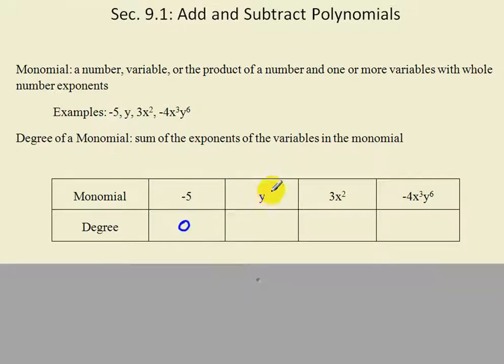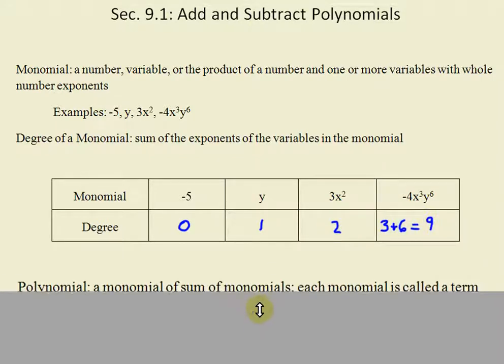Here with y, we have y to the first power, so the degree is 1. 3x squared, the degree is 2, the exponent of x. Now when you have more than one variable, we need to add the exponents. So here we have an exponent of 3 for x and 6 for y. We add that together to get degree 9.